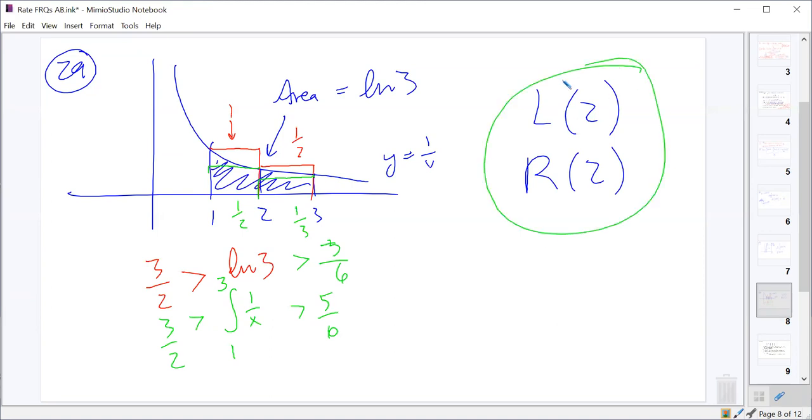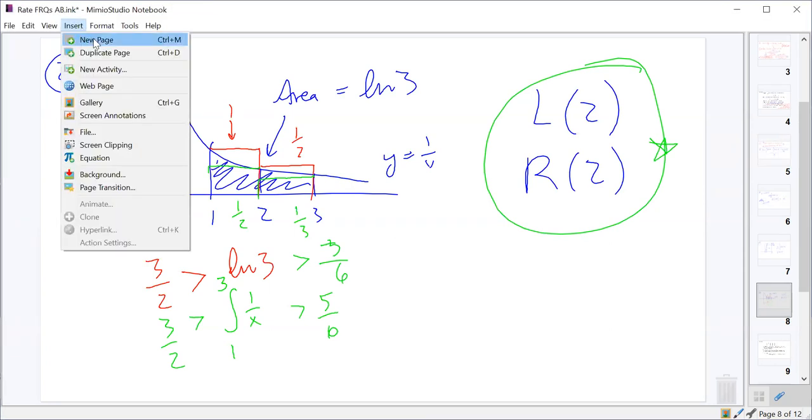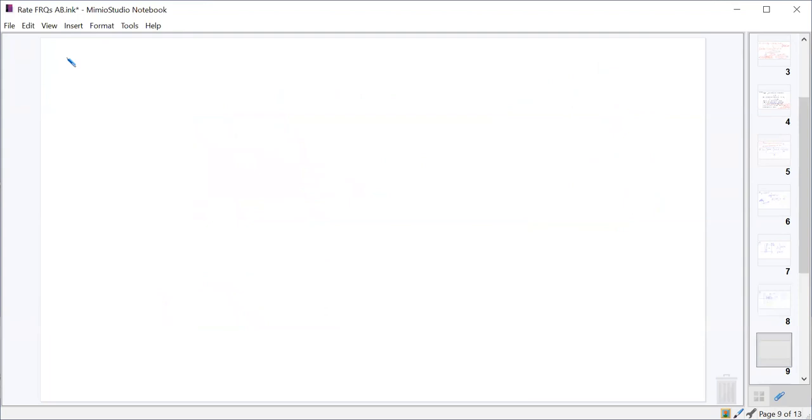On the AP test, they would have written out left rectangular approximation or right rectangular approximation. That's bad notation there, but that makes sense? Yeah. Okay. All right, next question, number 9.